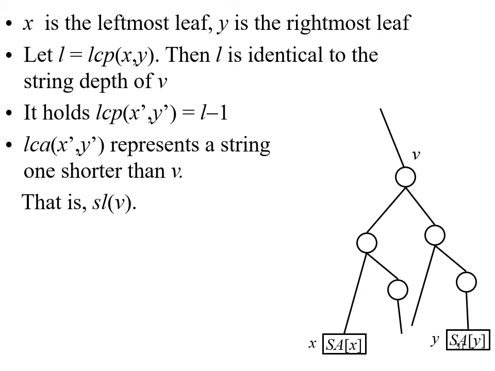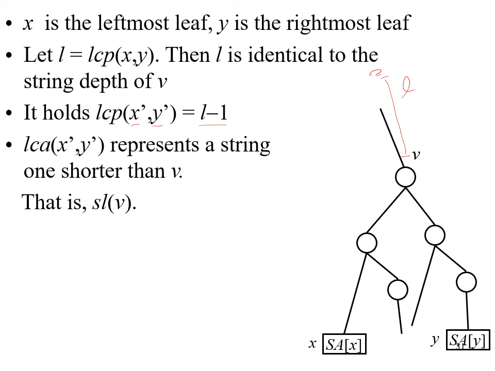Then let L be the length of the LCP between x and y. This L is identical to the string depth of v. So from the root node, the label is of length L. Then the LCP between x prime and y prime is L minus 1, because we just remove the first characters of the suffixes.